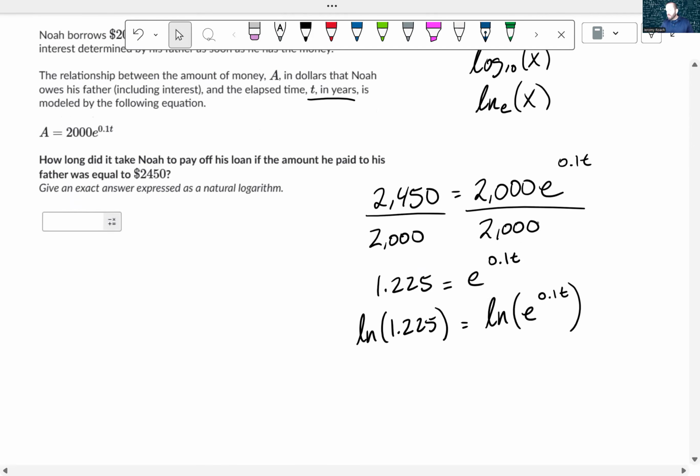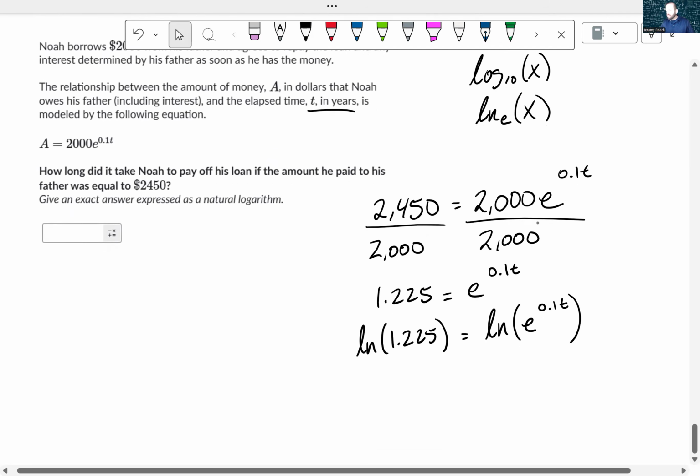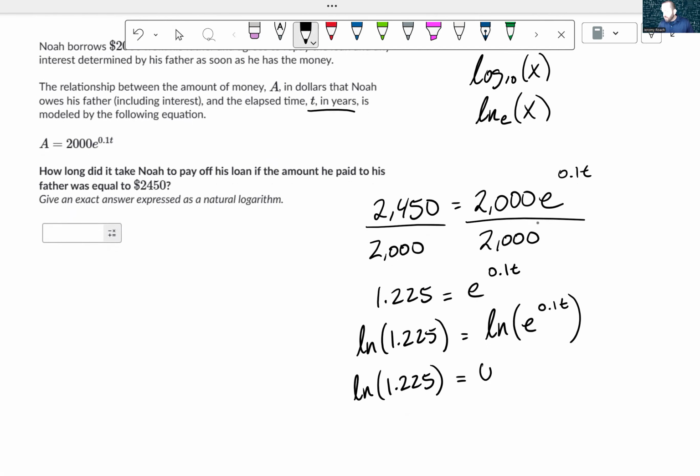Now we're going to use the power rule. And so we're going to write 0.1t times ln e. Now, the reason that we're using ln for this is because there's an e, and what happens is ln e, we went over earlier that log base 10 of 10 is 1. ln e is also 1.